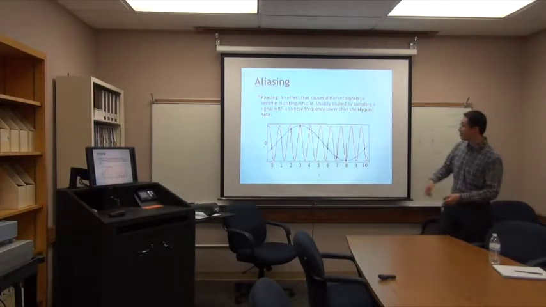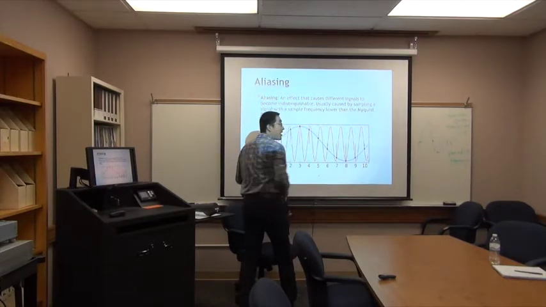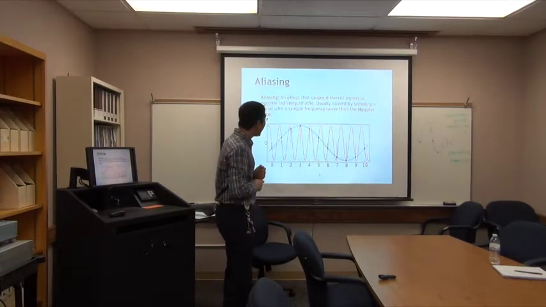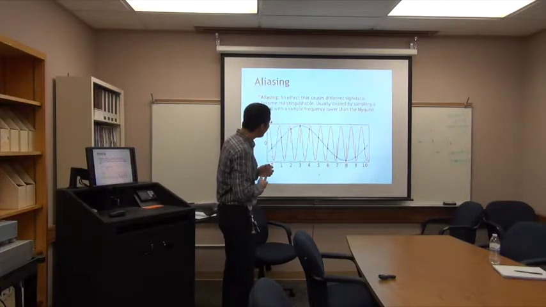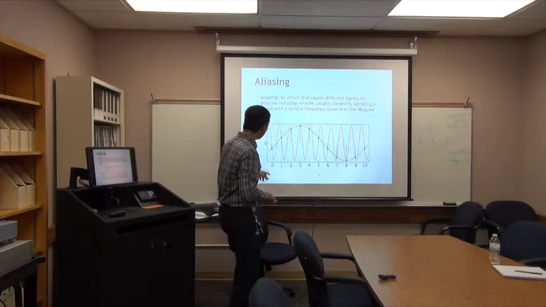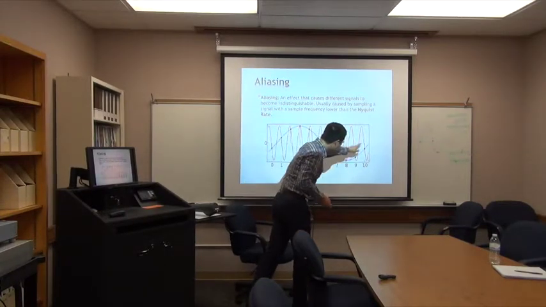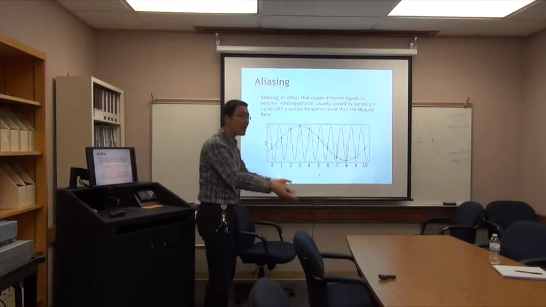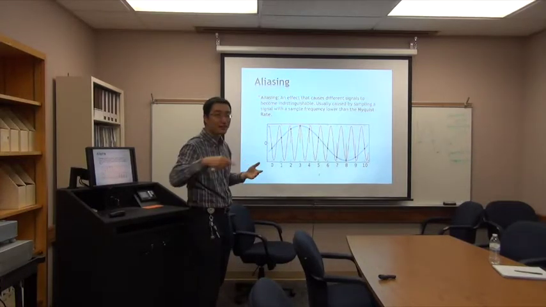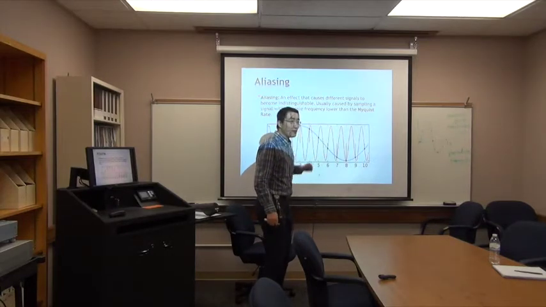So you can think about this. We have a high frequency waveform, the red one, and we sample it with a very low sampling rate. So we take these points: 1, 2, 3, 4, those points. After we take them out, we plot it. Now we see, this is a very nice waveform.